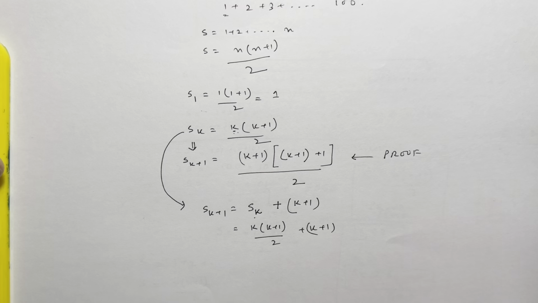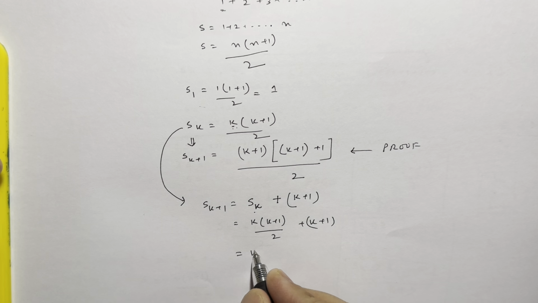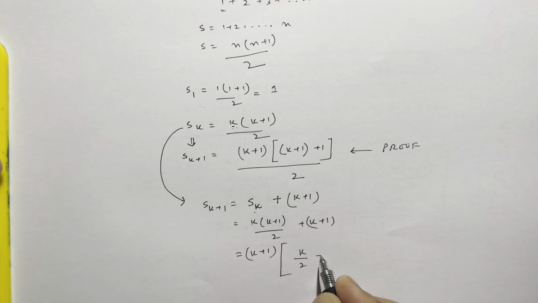Now it's just a manipulation exercise. We can take k+1 out common. We have k/2 plus 1. What is this? We have (k+1)(k+2)/2.